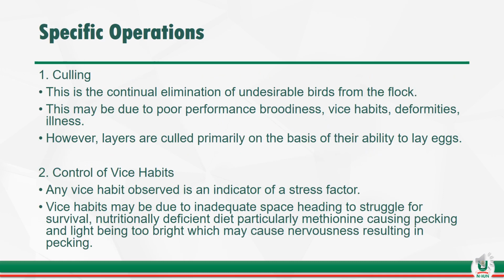Let's look at specific operations, management of layers. Number one, culling. What do we mean by culling? Culling is the continual elimination of undesirable birds or unproductive birds from the flock.